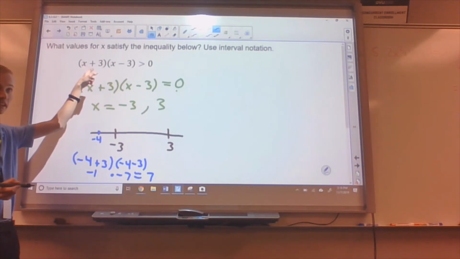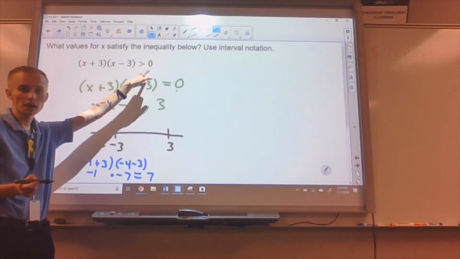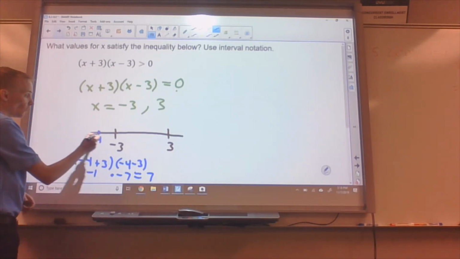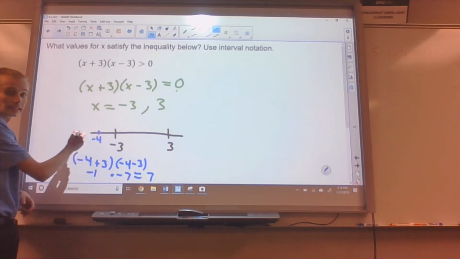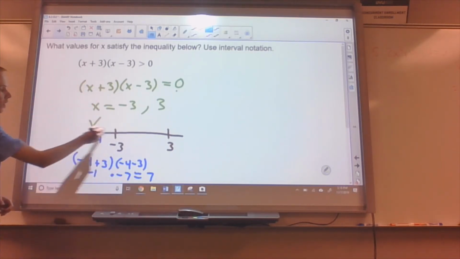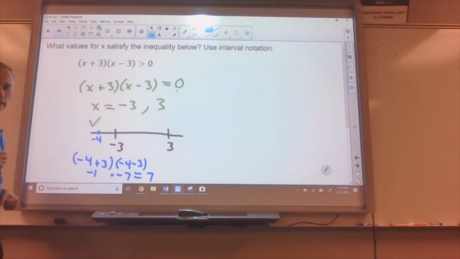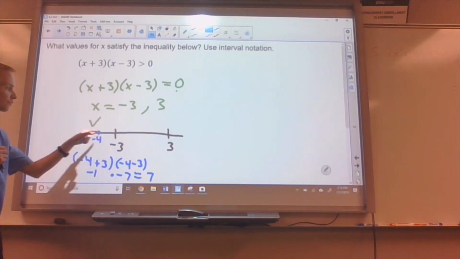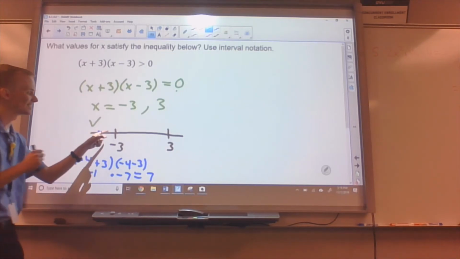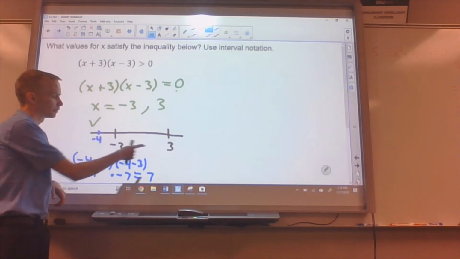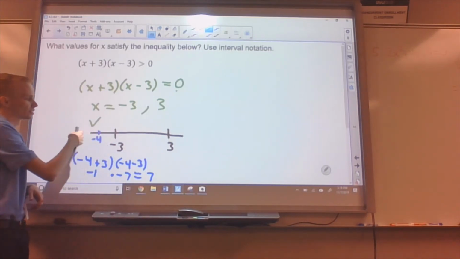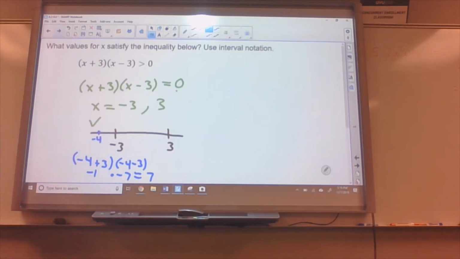Is positive 7 bigger than 0? Yeah, it is, right? So the inequality is true over here. It's true on this side of negative 3, and it would be true at every point over here, not just negative 4, because the only places it can change are at negative 3 and positive 3.